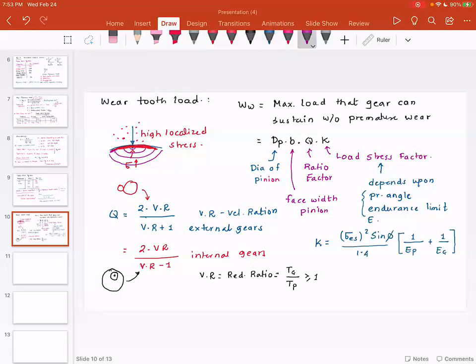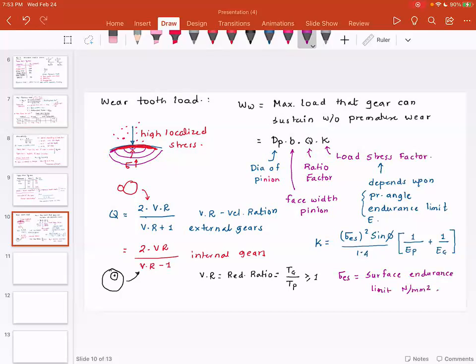So you have sigma ES, and this is something important. Sigma ES is the surface endurance limit, in Newton per millimeter square.